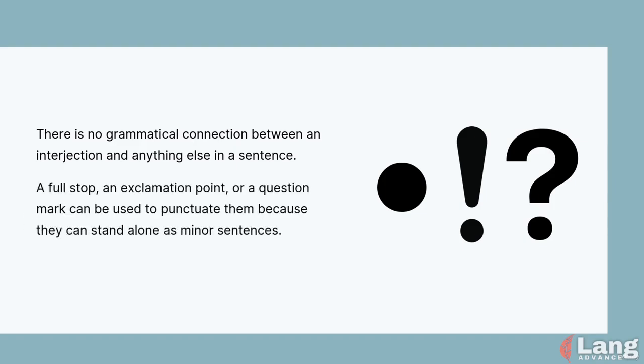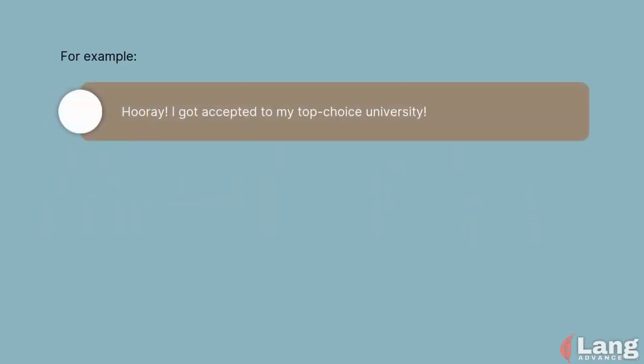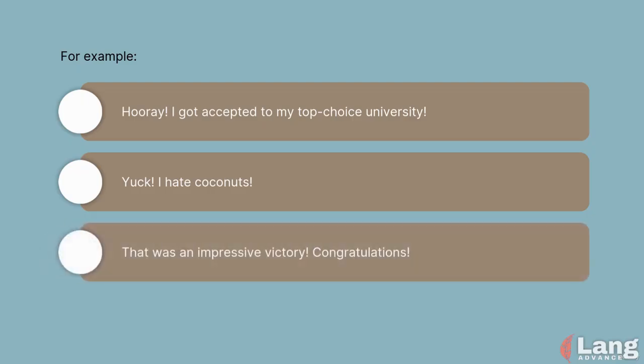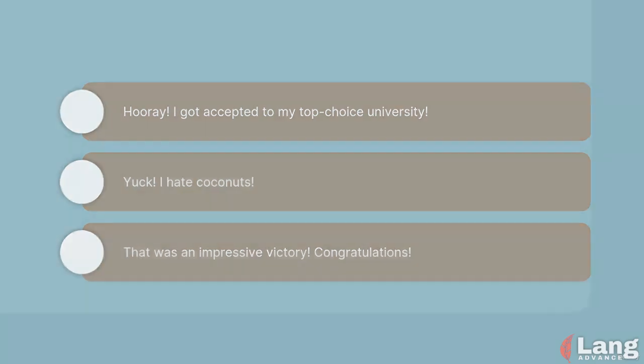A full stop, an exclamation point, or a question mark can be used to punctuate them because they can stand alone as minor sentences. For example, hooray! I got accepted to my top choice university! Yuck! I hate coconuts! That was an impressive victory! Congratulations!